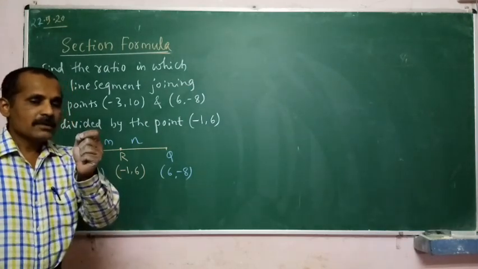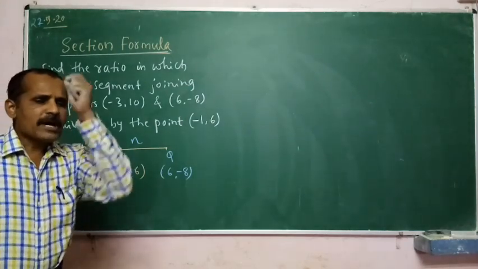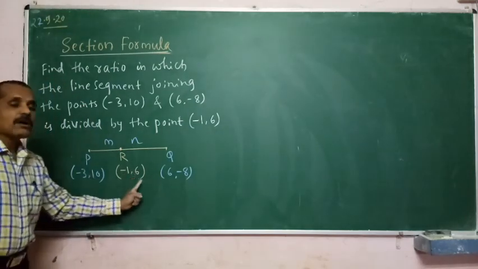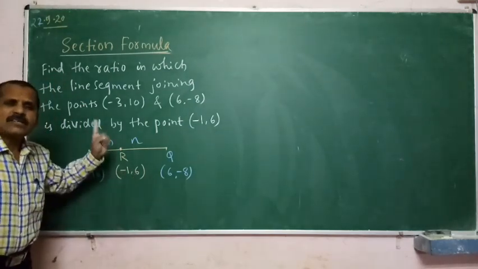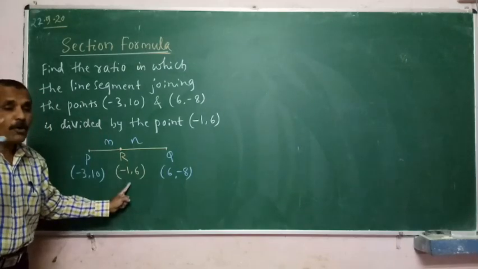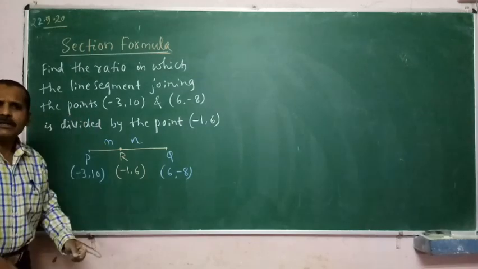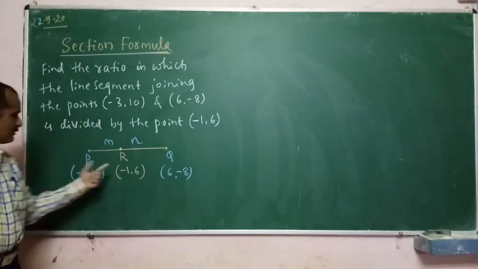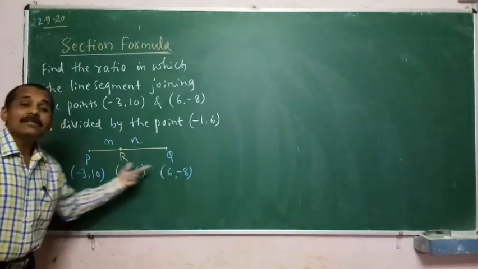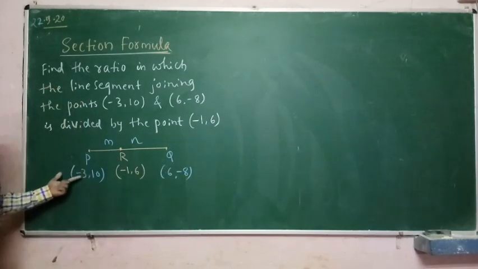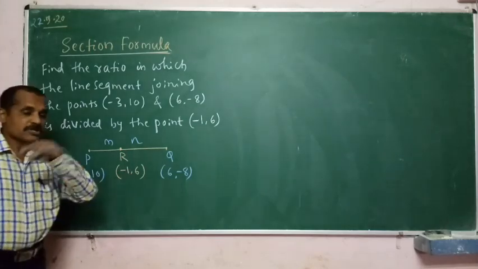My dear children, I am telling you repeatedly: in the section formula, this is always xy. Whether it is given or not given, this is always xy. Whereas these two can be interchanged, x1 y1 and x2 y2, but this should not be changed.